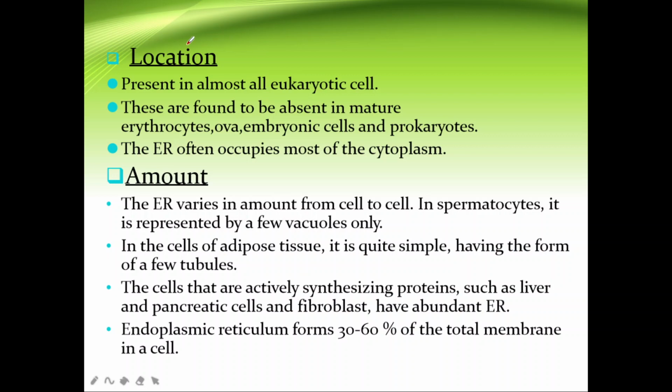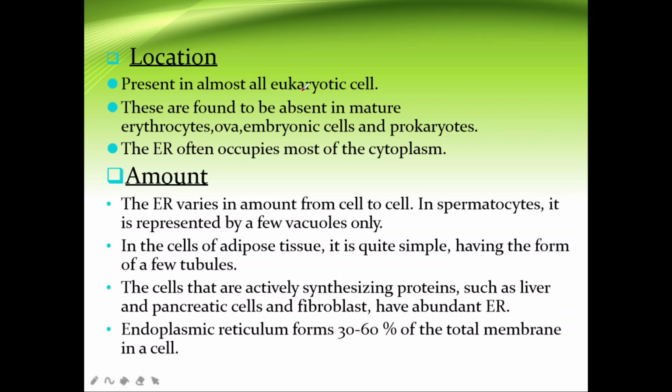Now, where is it located? In a living cell, where is the endoplasmic reticulum located? It is present in almost all eukaryotic cells. It is found to be absent in mature erythrocytes, ova, embryonic cells and prokaryotes.